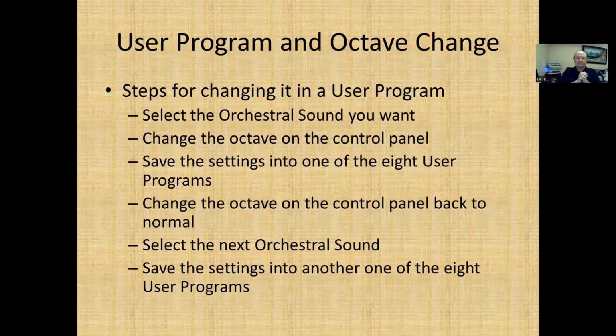That's normal. You then select your next orchestral sound, make any changes you want, save that to your different user program. So if this one was in U1A, this one could be U2A, or any one of the 8.